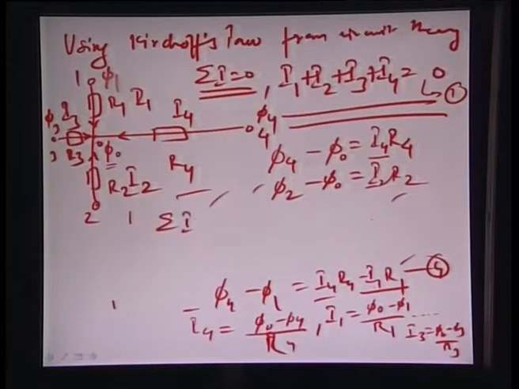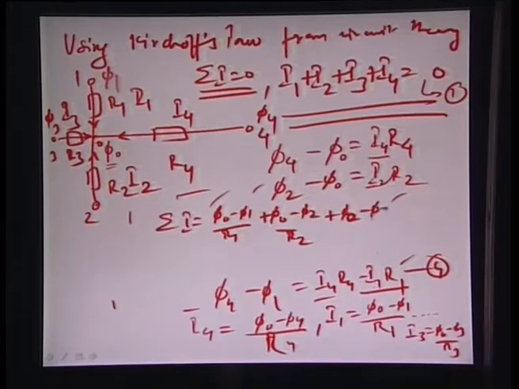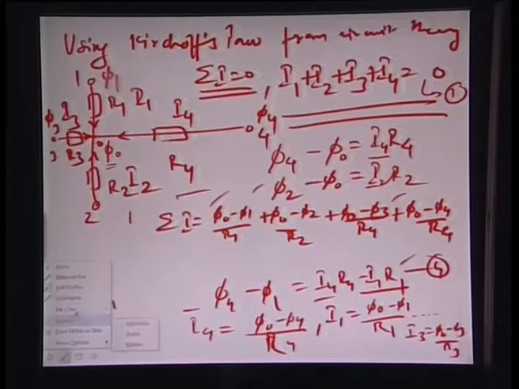So, sigma I essentially here would mean phi 0 minus phi 1 by R1 plus phi 0 minus phi 2 by R2 plus phi 0 minus phi 3 by R3 plus phi 0 minus phi 4 by R4. Okay. And as we know, the summation of this is essentially 0.